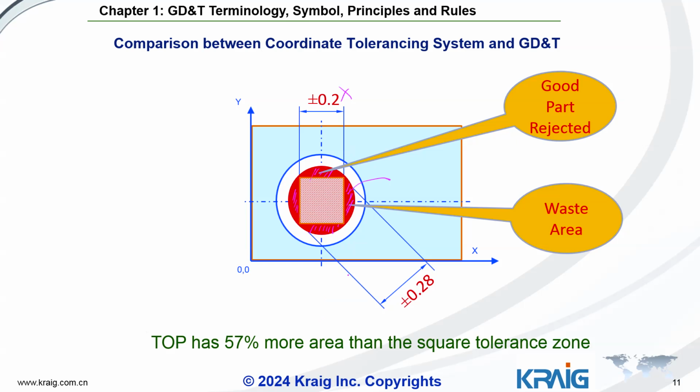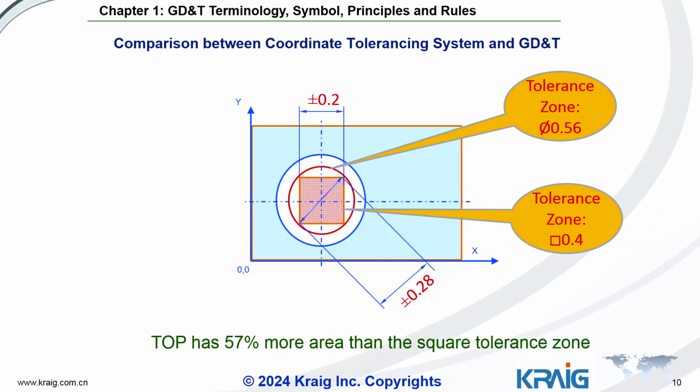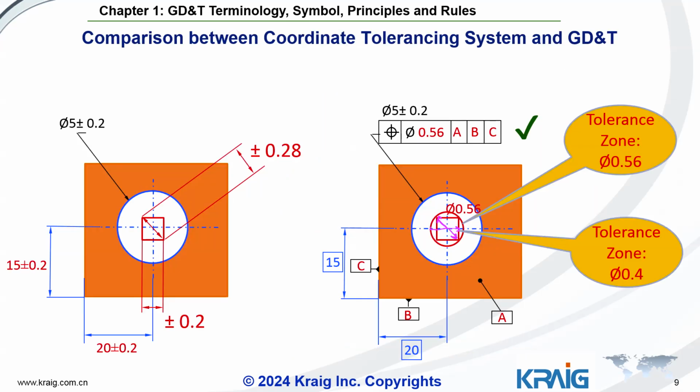So you can see here, if you convert it to position tolerance, as we mentioned, then this position tolerance has 57% more area than the square tolerance zone. But both of them have the same worst deviation.